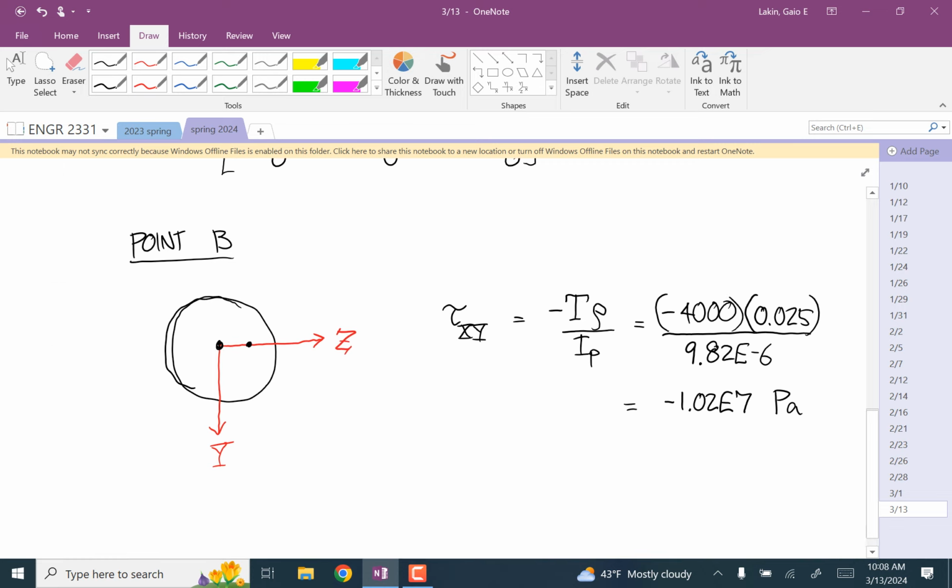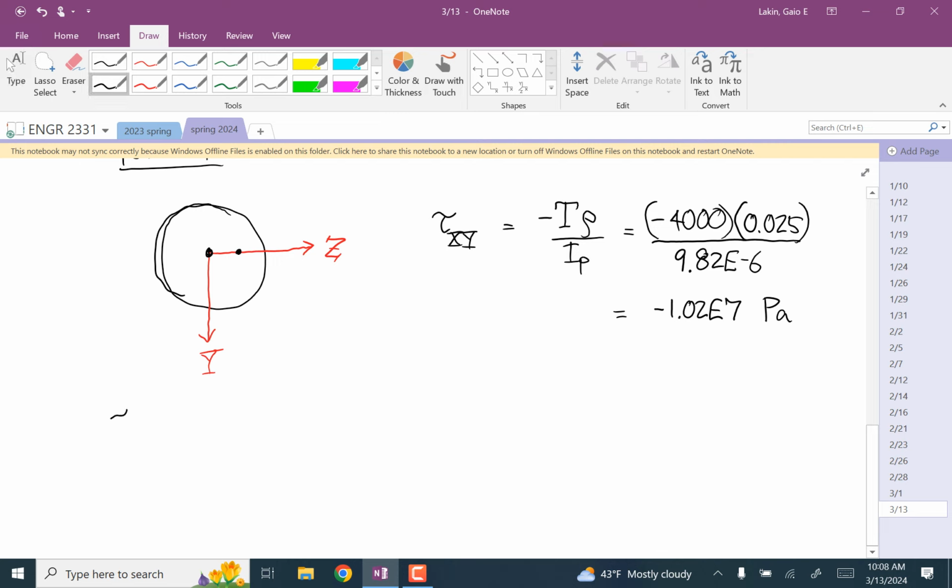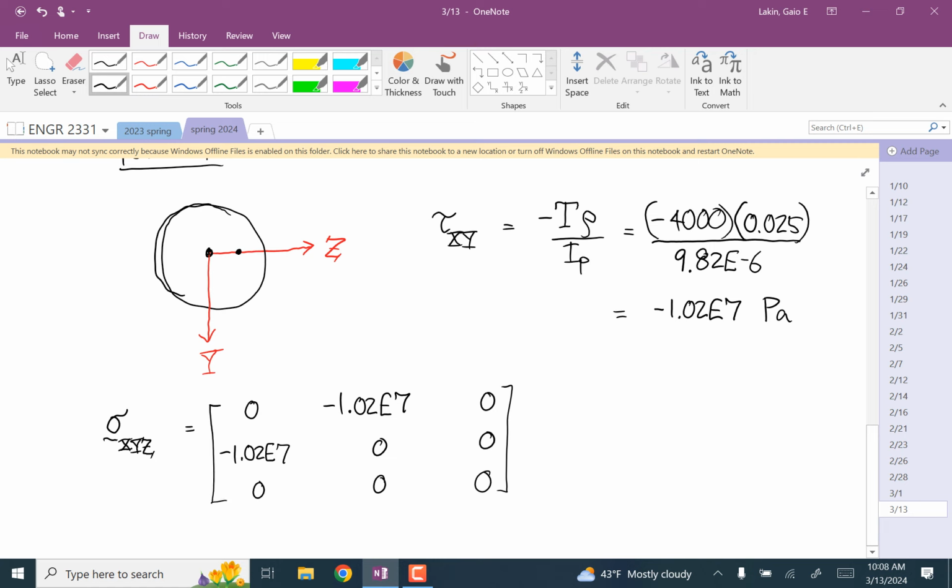So our stress tensor in this temporary coordinate system is 0, negative 1.02 times 10 to the 7, 0, negative 1.02 times 10 to the 7, 0, 0. Everybody with me on that?